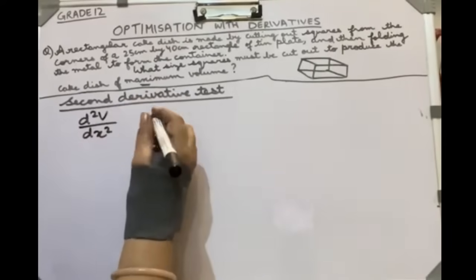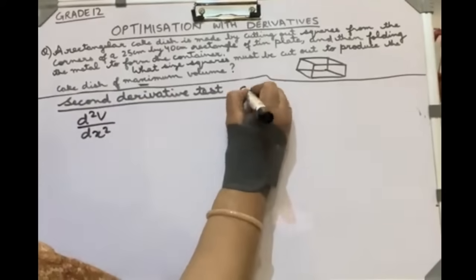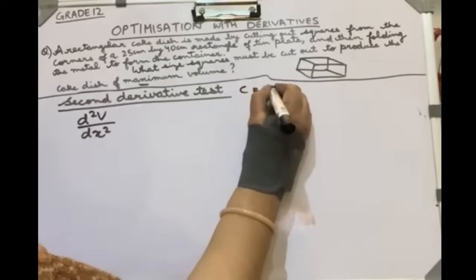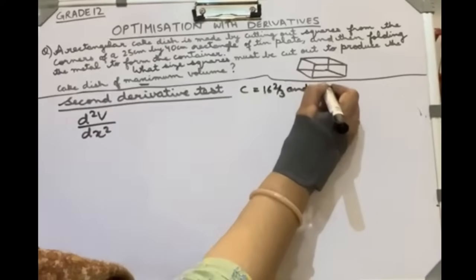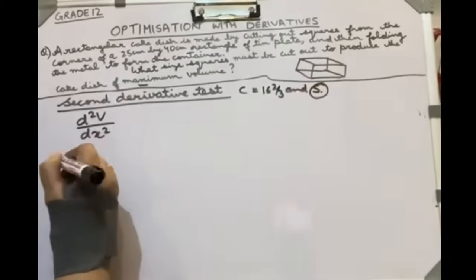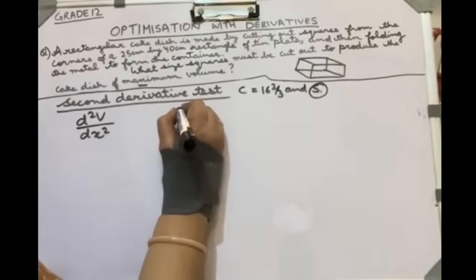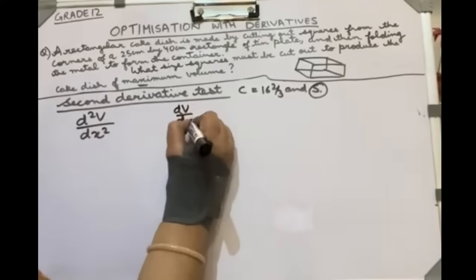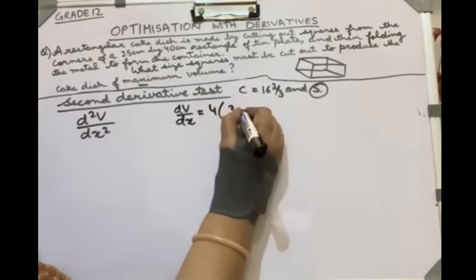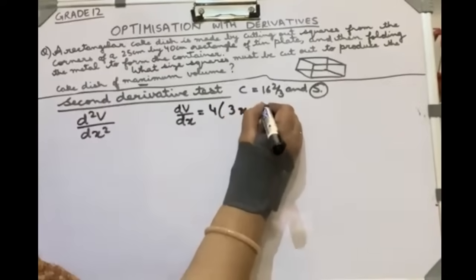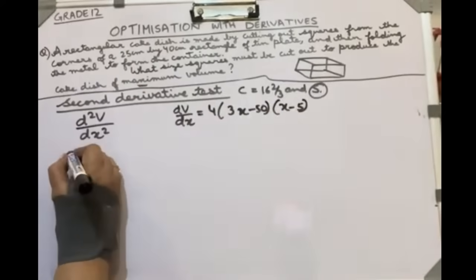Okay, so earlier we found out that the critical values were 16 2 by 3 and 5. So we will take this value 5 and solve. So here again dV by dx, we had calculated it to be 4 multiplied by (3x minus 50) multiplied by (x minus 5).